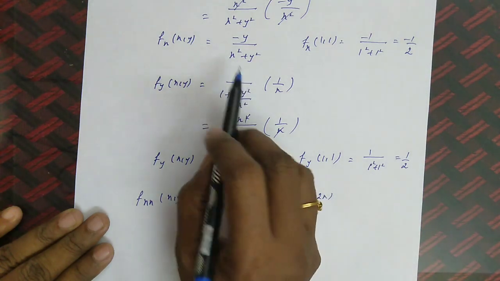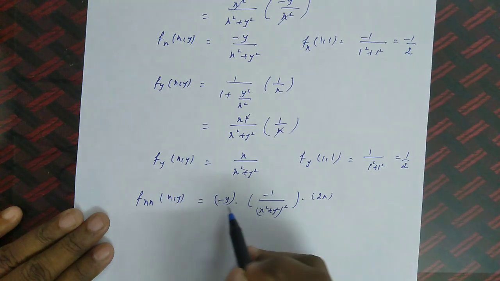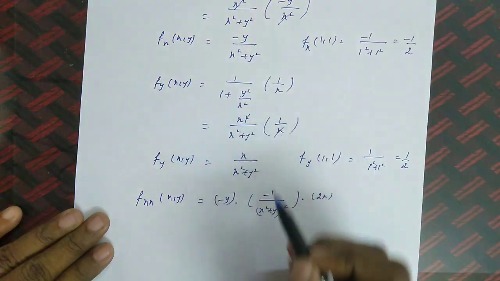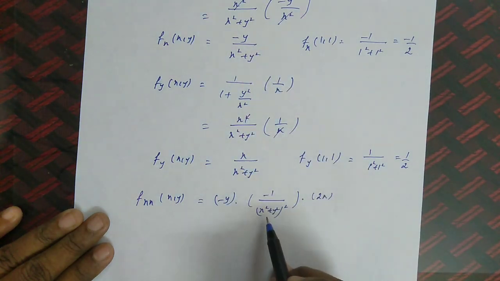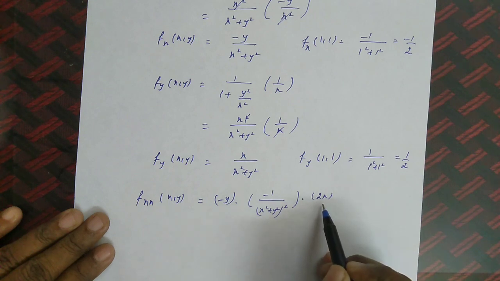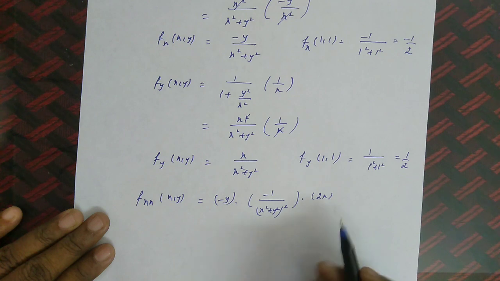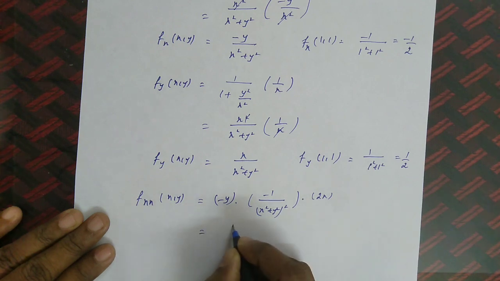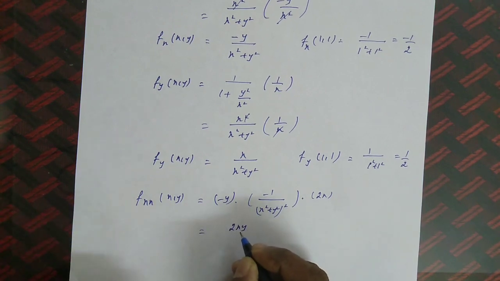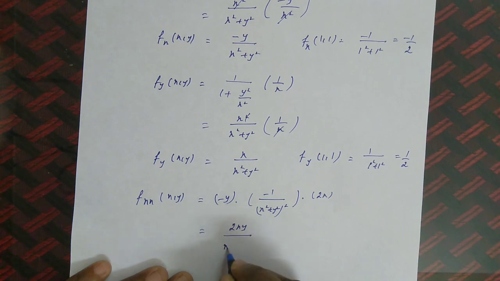Is it clear how we are doing this? Treat the minus y as a constant. Differentiation of 1 by x is minus 1 by x square and then differentiation of x square is 2x. Now, minus into minus is plus, and y into 2x can be written as 2xy. So, 2xy divided by x square plus y square the whole square.